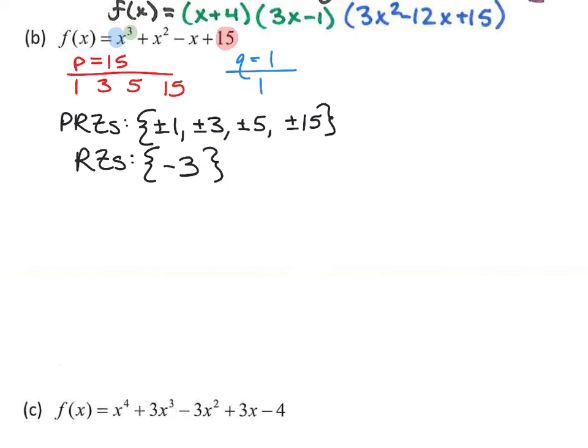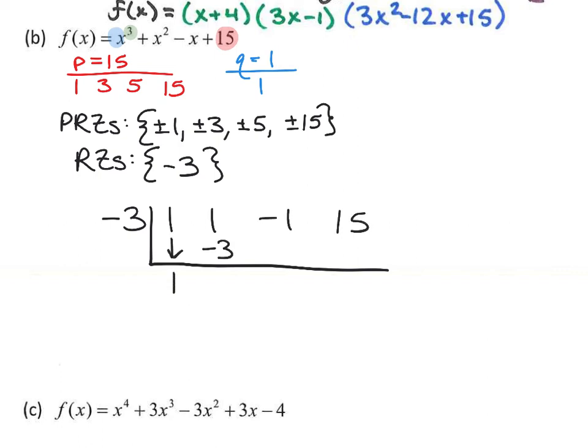Let's go ahead and just divide this one out to get rid of it. We would divide this polynomial by -3. This would be 1, 1, -1, 15. Bring down, multiply, add, multiply, add, multiply, add.